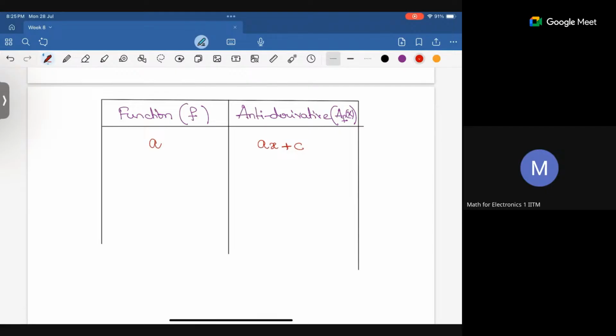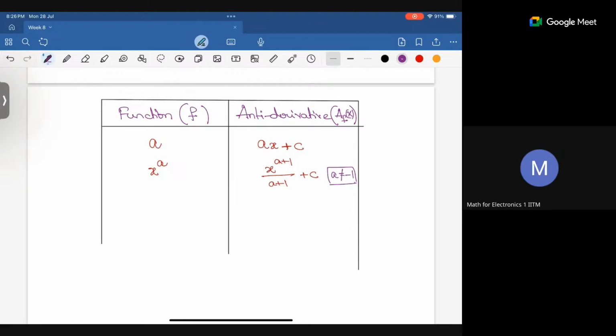Okay, so let's come back. This is the constant function, and the next function is x to the power a. Okay, so power functions or polynomials. And this is x to the power a plus 1 divided by a plus 1, plus c, and the c's are just constants. If you observe, a plus 1 is in the denominator. So one strong note, a should not be equal to minus 1.